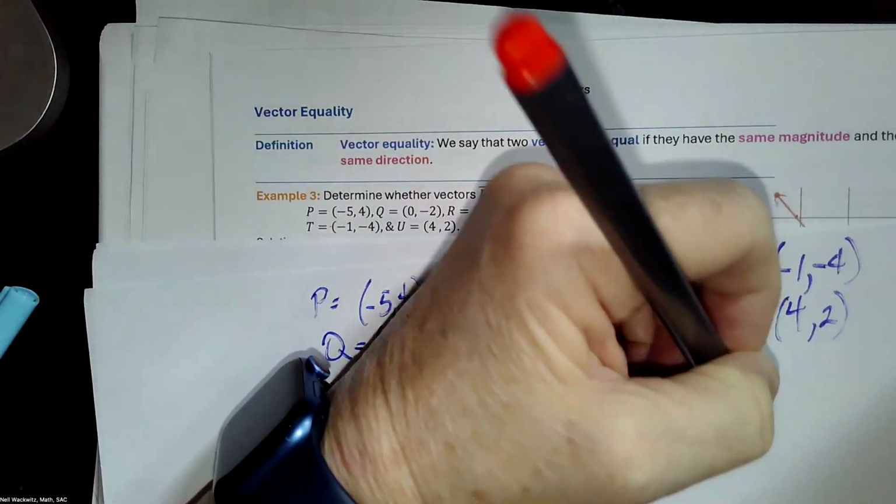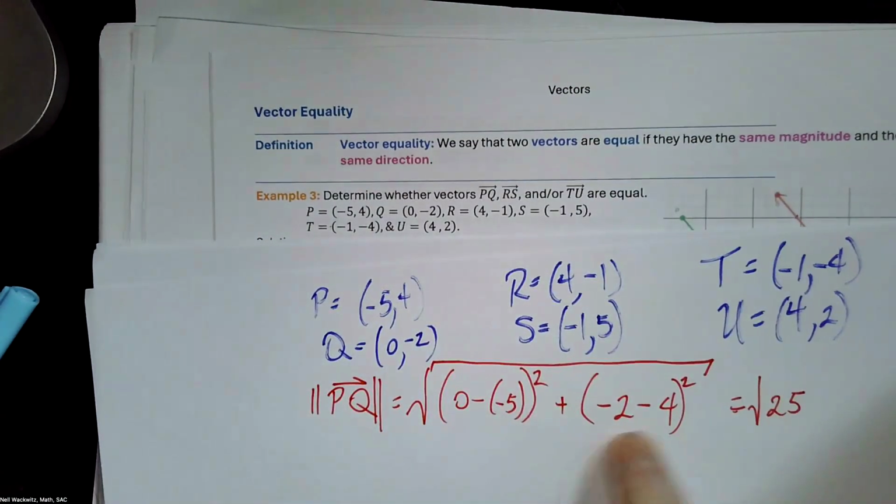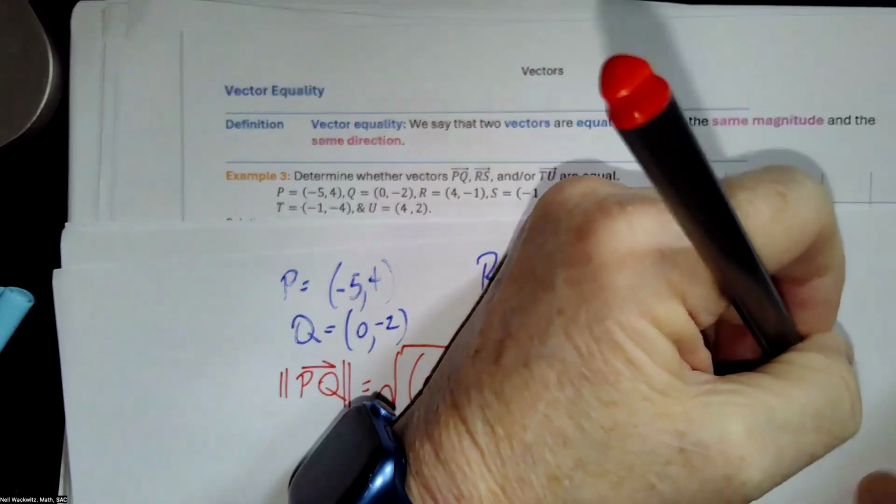Squared is 25. Negative 2 minus 4 is negative 6. Squared is positive 36.